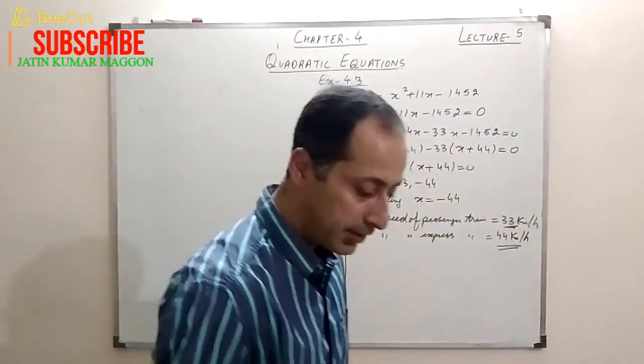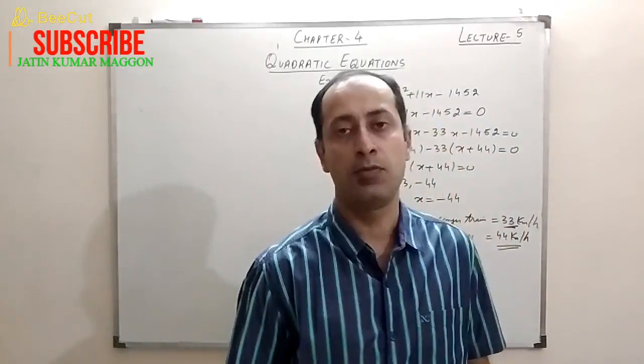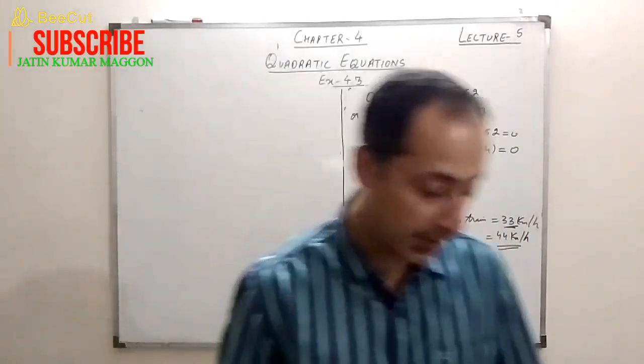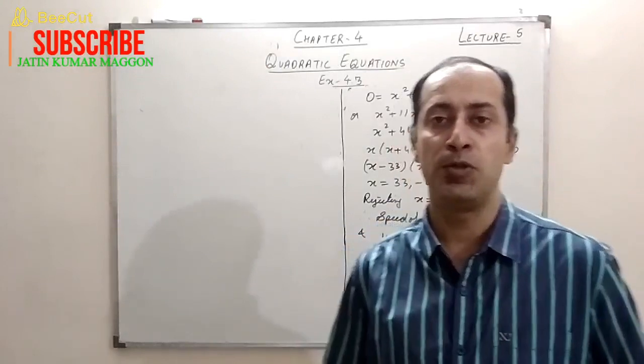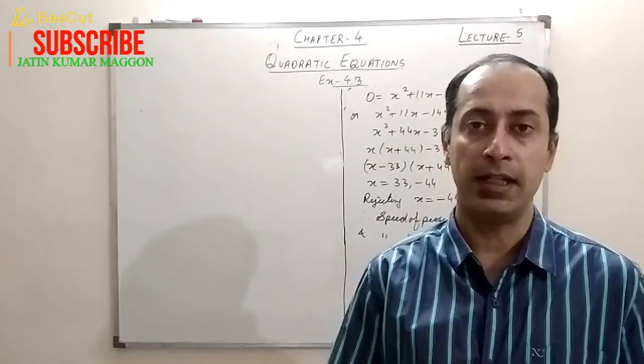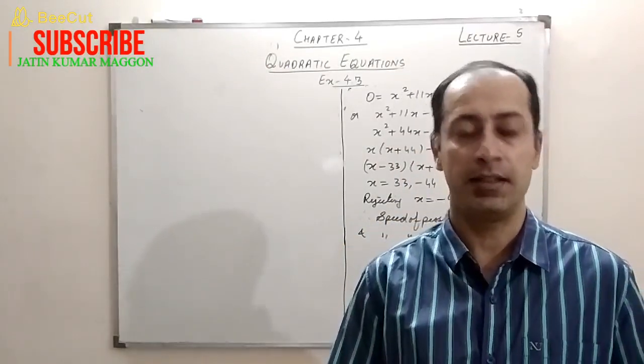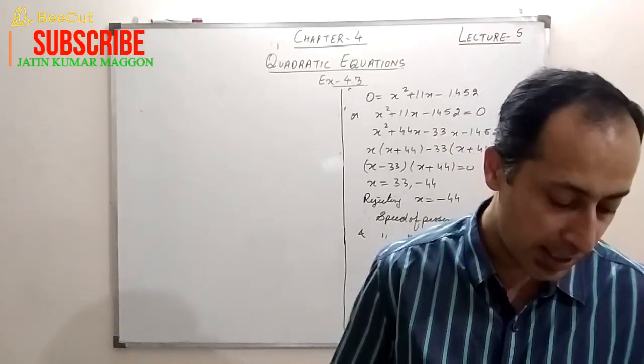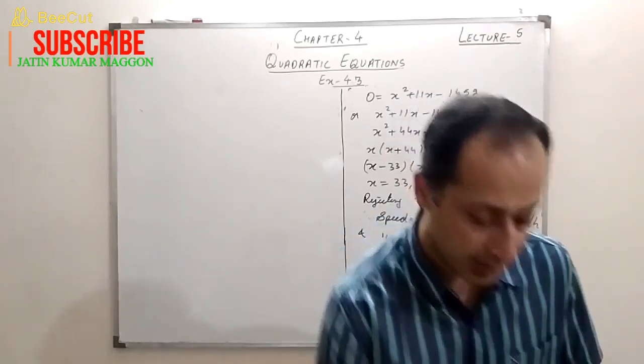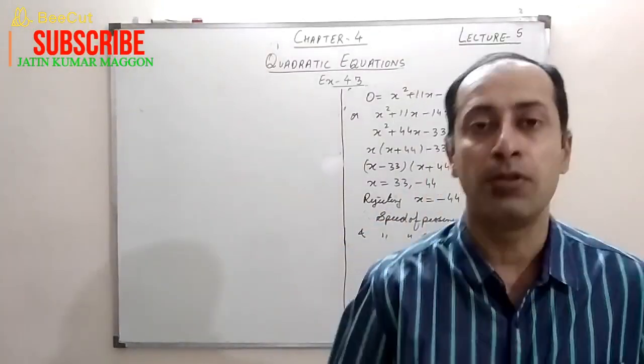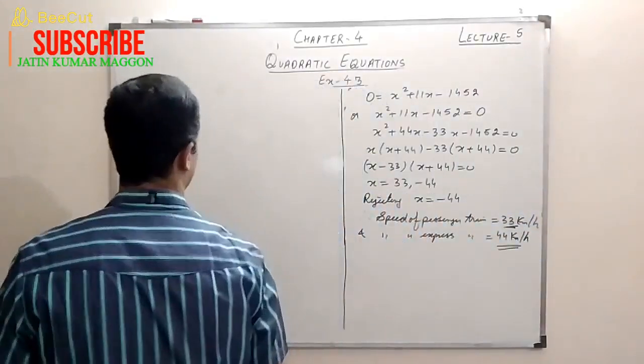Now, in the last question it is given, sum of areas of two squares is 468 meters square. It means there are two squares whose sum of areas is 468 meters square, and the difference of their perimeters is given as 24 meters. So let's write the condition which is given to us.